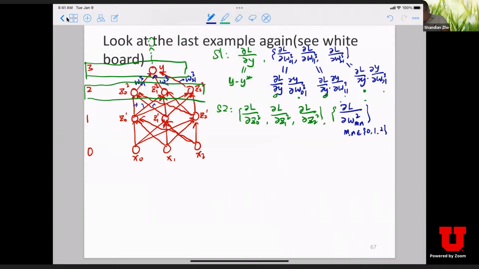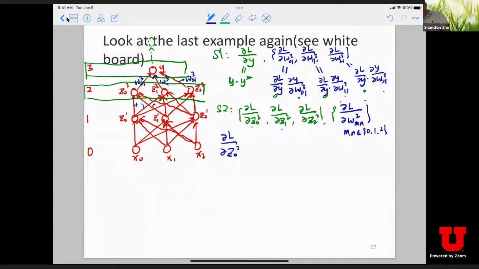So let us look at how we compute each neuron here, right? So how to compute partial L over partial Z02? Yes, exactly right.